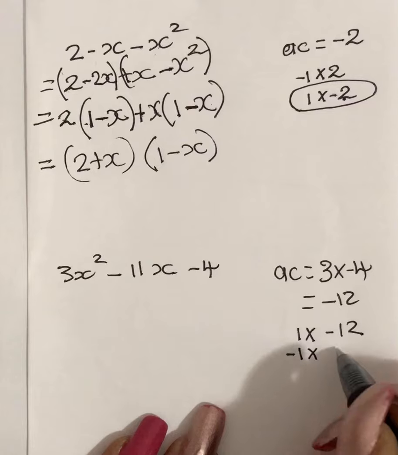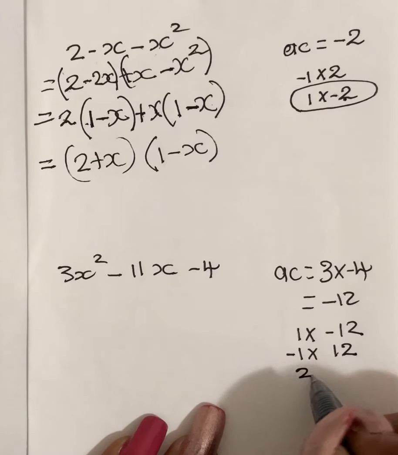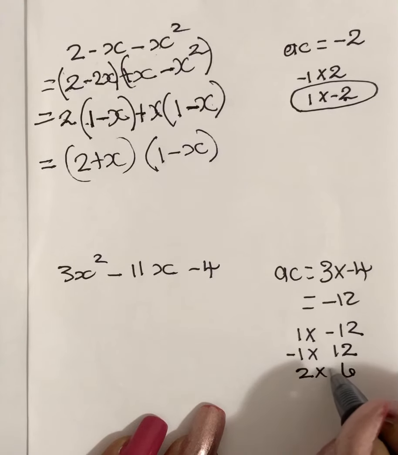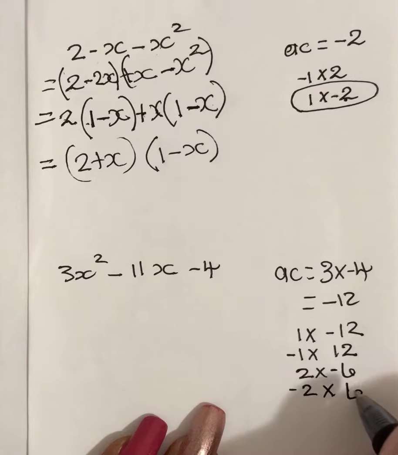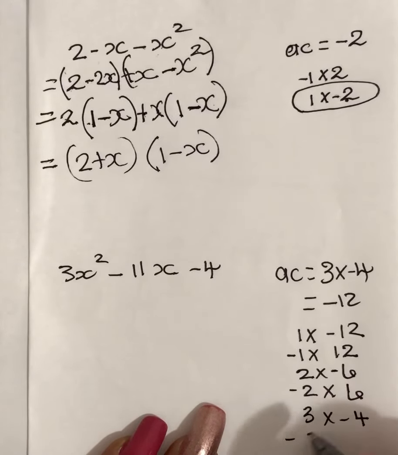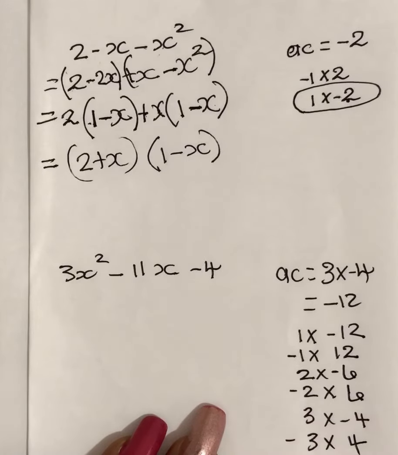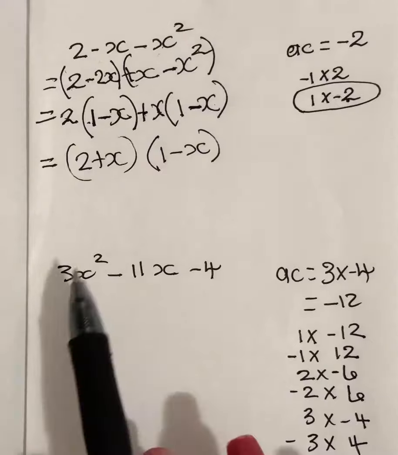Negative 1 multiplied by 12. 2 multiplied by negative 6. Negative 2 times 6. 3 multiplied by negative 4. Negative 3 by 4. Now, only one of them is applicable to this problem.